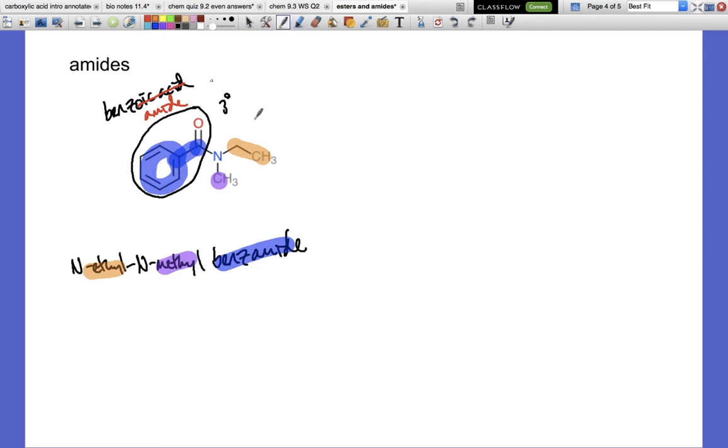I can break this down. Again, I can assume a water if necessary. I got my benzene ring here.